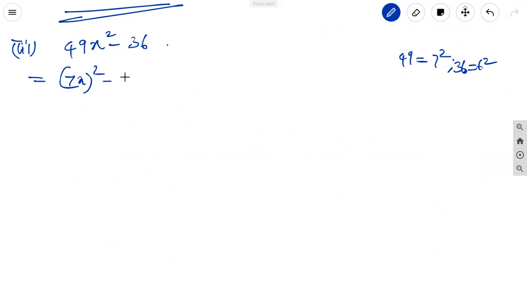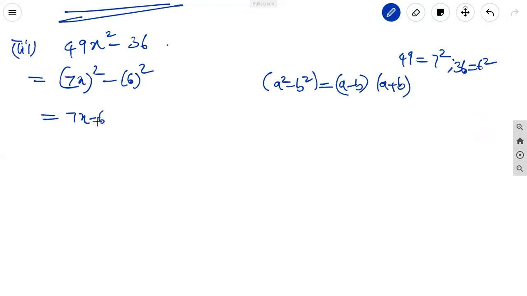So (7x) whole square minus 6 square, which is in the form of a square minus b square equal to a minus b into a plus b. So it is equal to 7x minus 6 into 7x plus 6. So, factors.